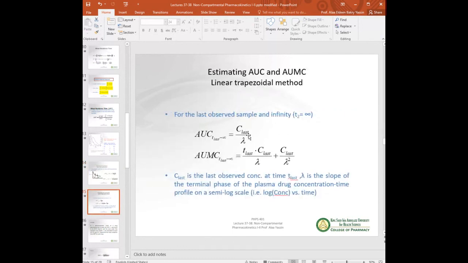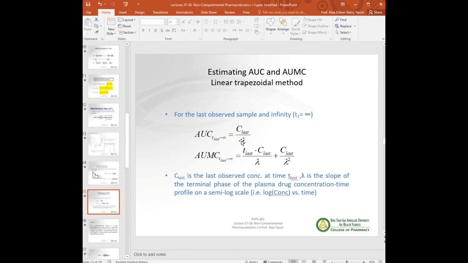So we used to divide the last concentration by what is called pi. What is pi? Pi is the slope of the terminal phase of the plasma drug concentration time profile in a semi-log scale. That is, the analog of K. Pi or K, the elimination rate constant, is the slope of the line when we plot it on semi-log paper.